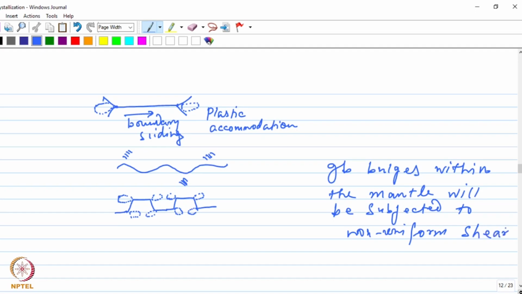And as a result will rotate, leading to asymmetric shape and ultimately the formation of the subgrains.